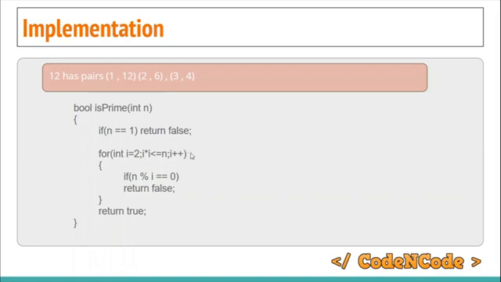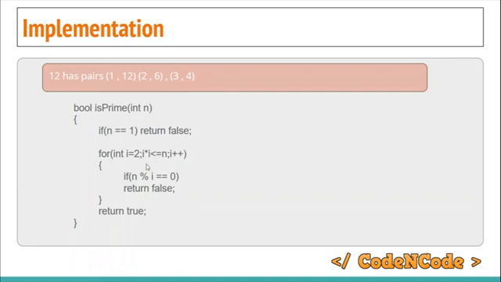So how can we modify the solution is prime? If n is equal to 1, we would return false. Otherwise we would run a loop from 2 to square root of n, and since i square is less than or equal to n, hence i would be less than or equal to square root of n. So if i into i is less than or equal to n, that is how we are checking whether we are running a loop till square root of n or not.